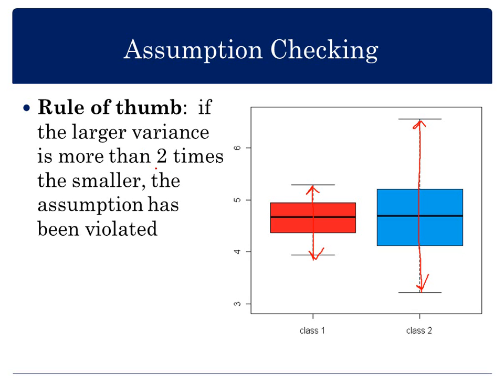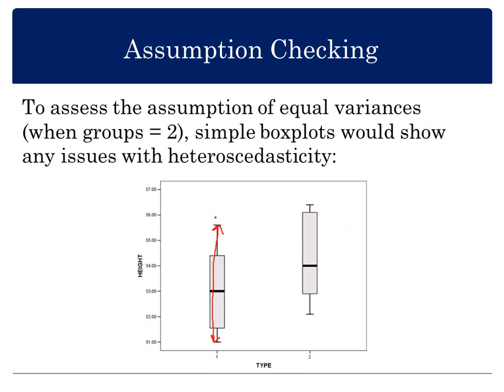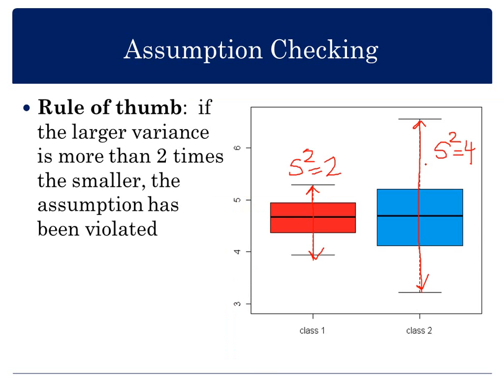If one of your groups has a variance that's more than 2 times the other, you violated the assumption of equal variances. So for instance, if the variance here was 4 and the variance here is 2, I violated it. Here, the variance could be 2, and here it could be 2.1 or 2.3 or 3. This is not a violation. This is a violation. I can see it visually and numerically.